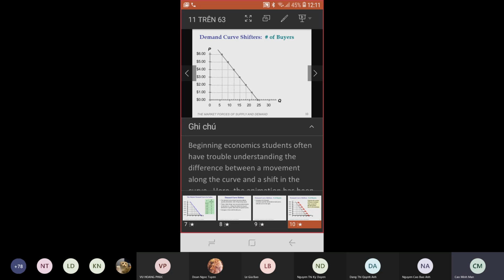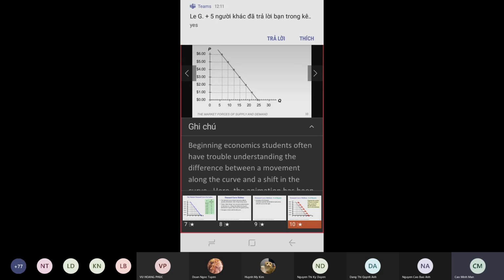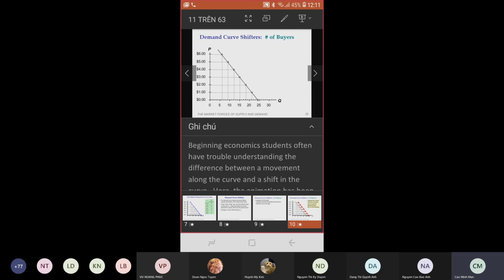Do you see the new slide? Another factor that can impact demand is the number of buyers, the number of your customers.